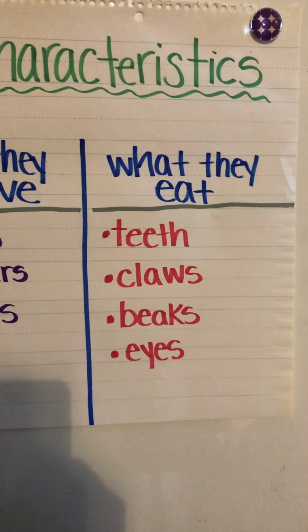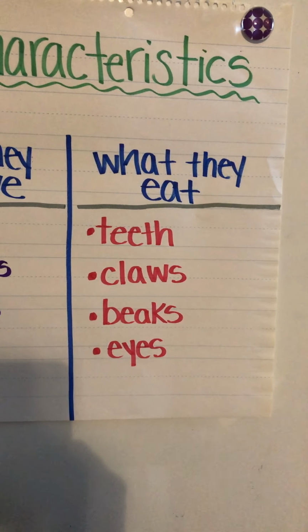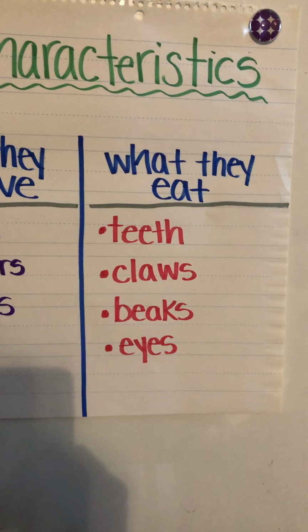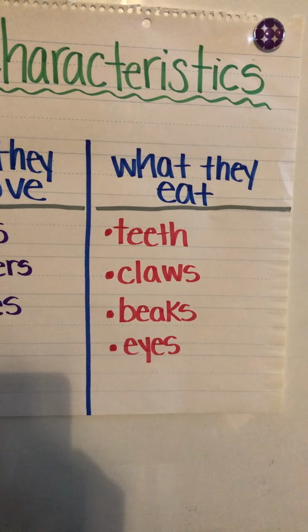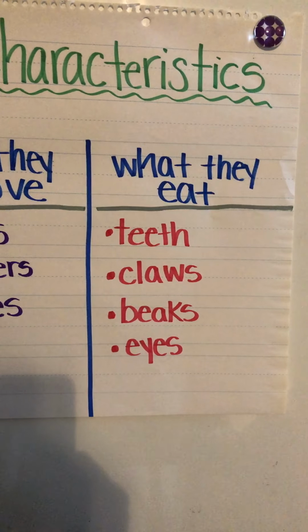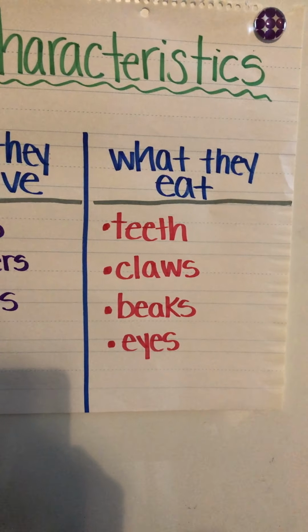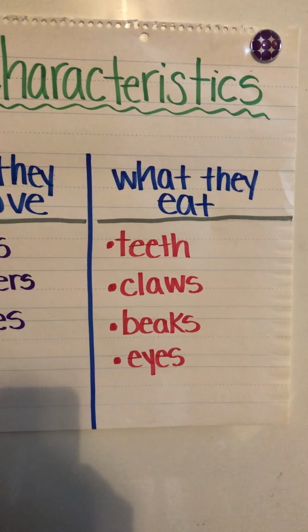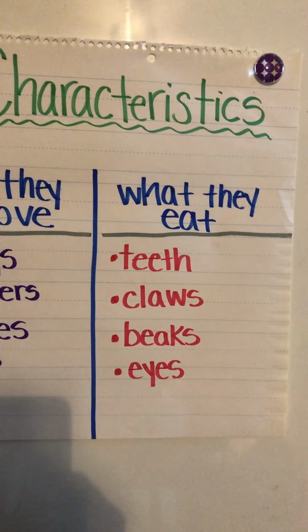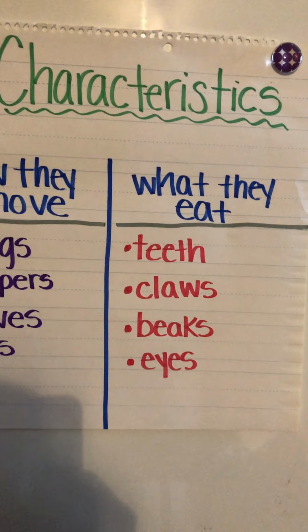Their eyes, what about their eyes? How would their eyes help them be able to determine what they're going to eat? That one's a tricky one. Well, some animals are nocturnal, right? Do you remember that word, nocturnal? Animals that live in the dark or come out in the dark, right?